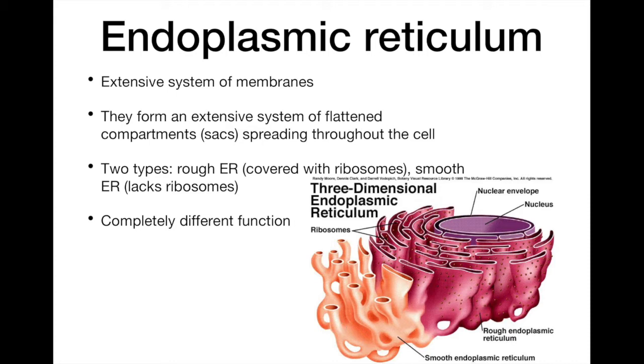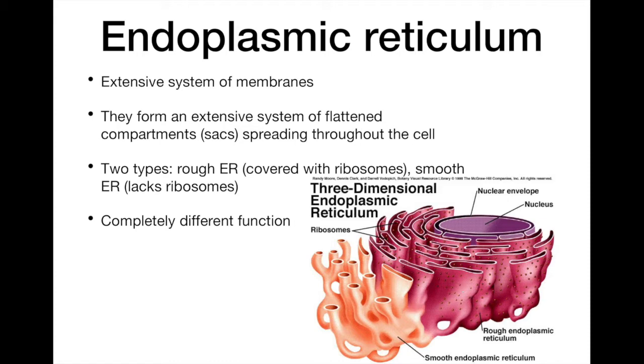Now let's continue. The endoplasmic reticulum, or ER, is a system of membranes. There are two types: rough endoplasmic reticulum and smooth endoplasmic reticulum. Rough ER has holes where ribosomes exist.